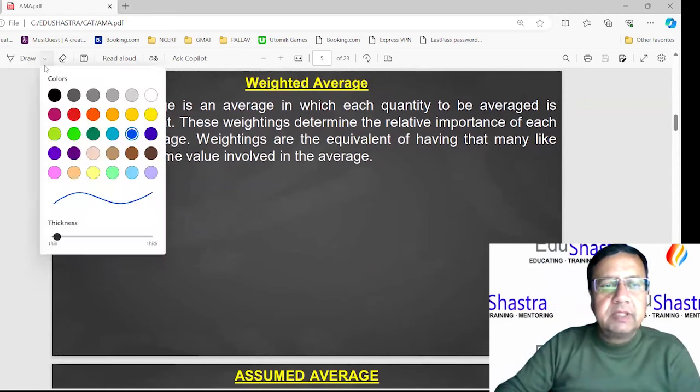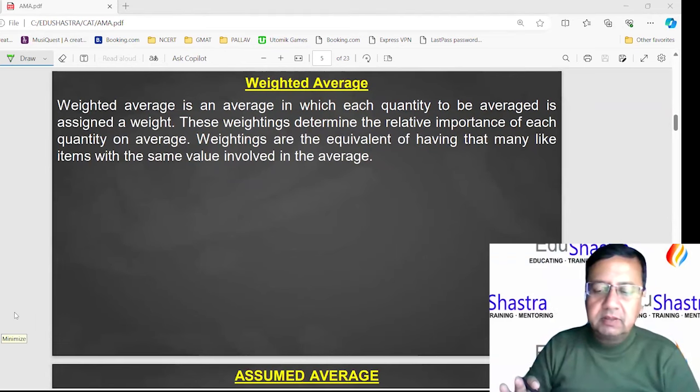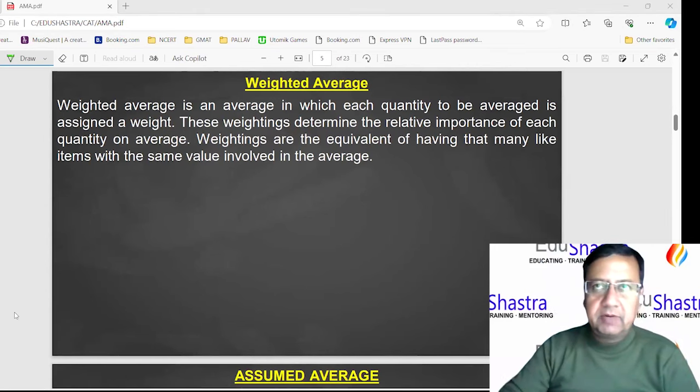So weighted average, as I have discussed the example for the weighted average, that is what? Your mark sheets. The best example is the mark sheets of different classes, different standards, because in this you have the internal marks, external marks, practical marks, theory marks, attendance, presentation, exam period.